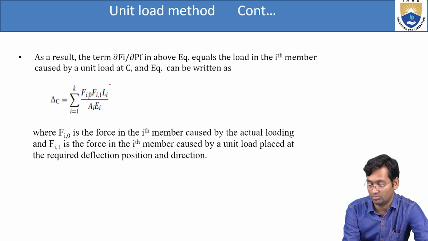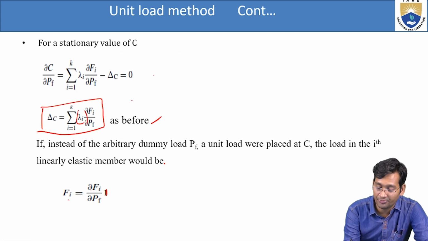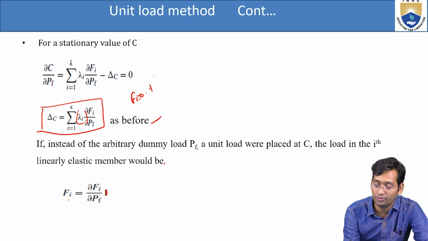Fi0 and Fi1 into Li by Ai Ei. So this is the unit load. Means this lambda is Fi0 into Li by Ai Ei, and this is the fixed, that unit load, F1.